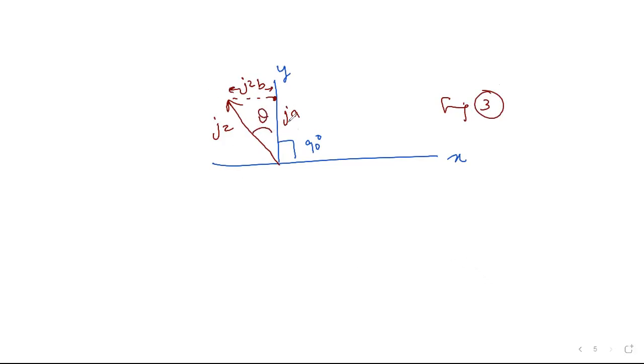This is jz. This is ja. Let me make it clear. This is ja. And this is j square b. In other words, it is a vector having x component minus b, because j square b is minus b, and y component a.